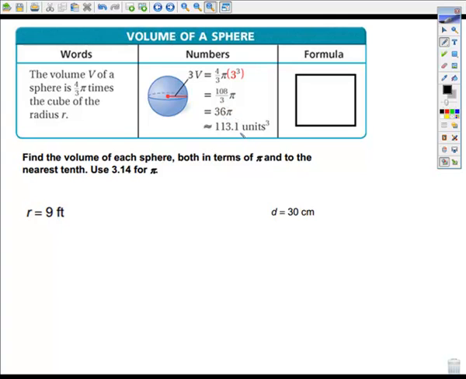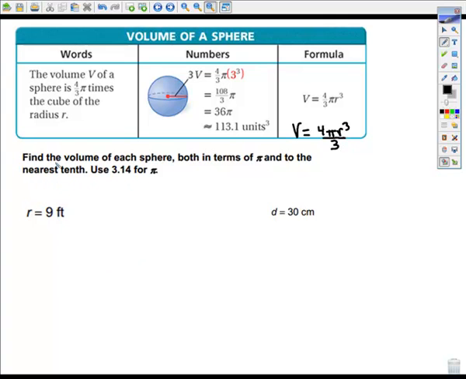Here is the formula I want you to write down: 4/3 pi r cubed. I think the easiest form is 4 pi r cubed divided by 3, because when you find 4/3 of something, you're multiplying by 4 and dividing by 3. So I'm going to have us write it like this.